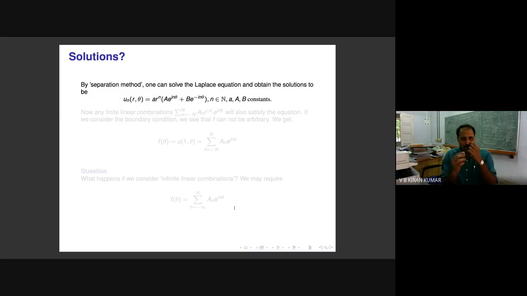Now, again, there's a typical method called the variable separation method, where you assume that u is of the form F(r) times G(θ), and this is due to Hilbert.